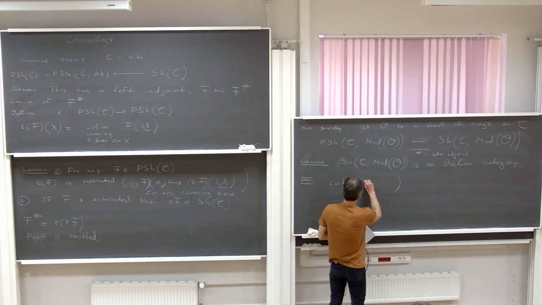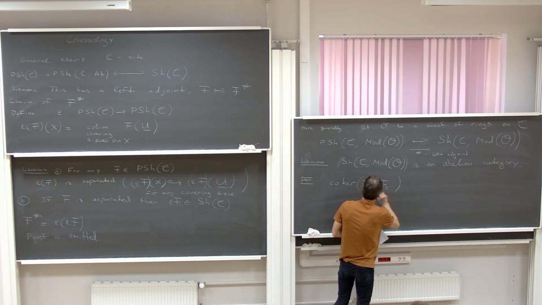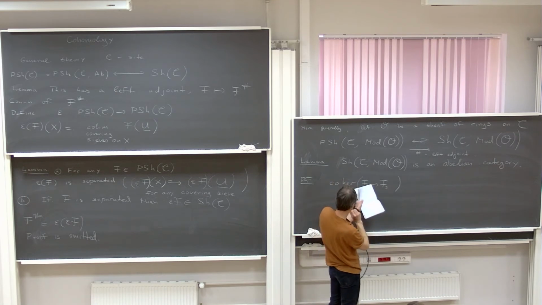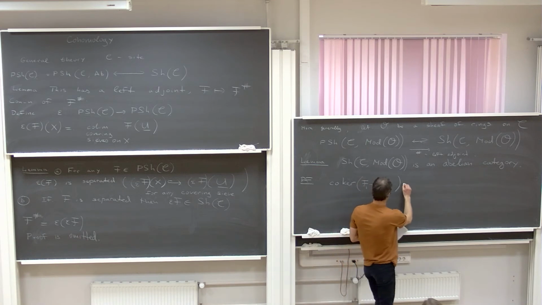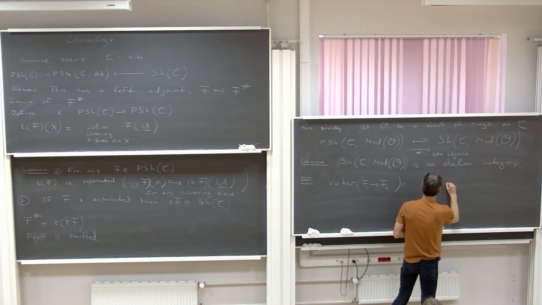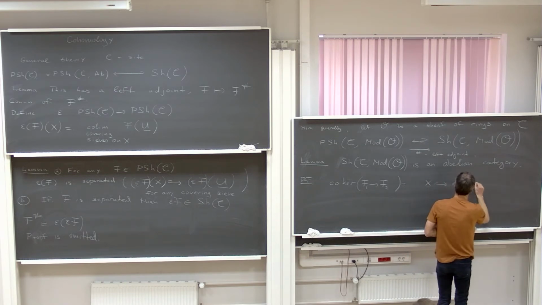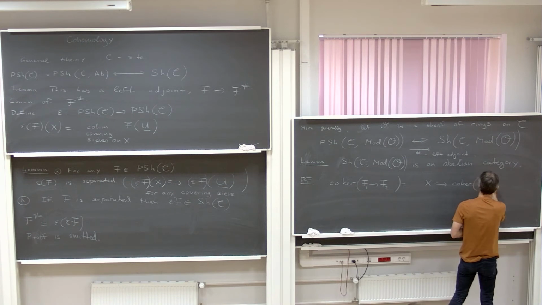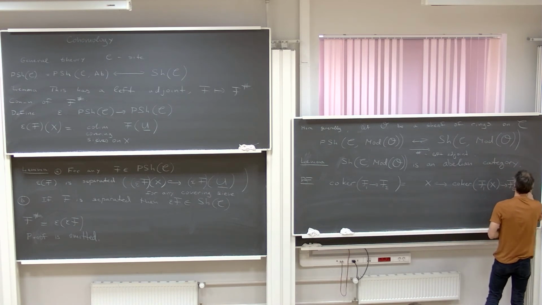So suppose you have two sheaves, and what will be the co-kernel? I will tell you the answer. The answer is that you take the presheaf that takes x to the co-kernel of the map from f1 of x to f2 of x.